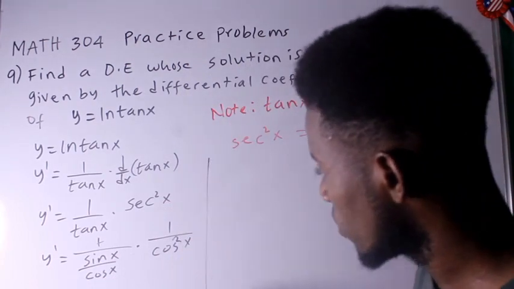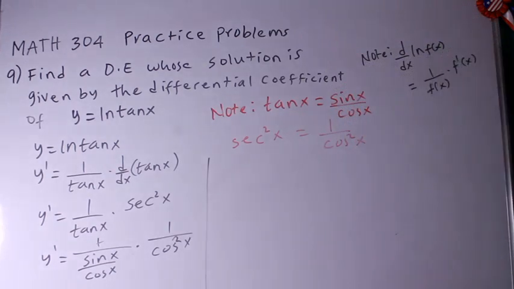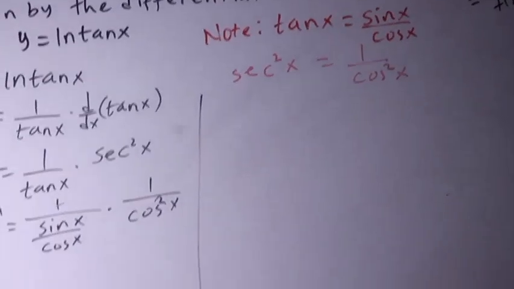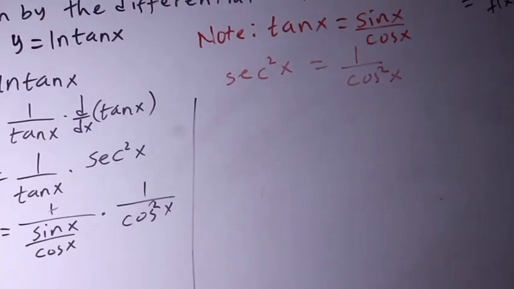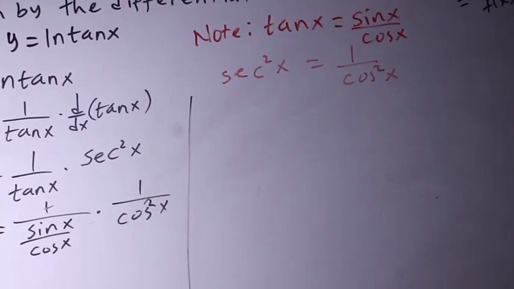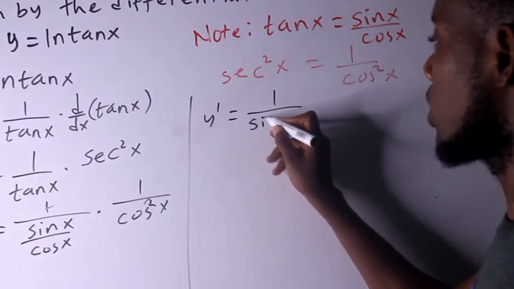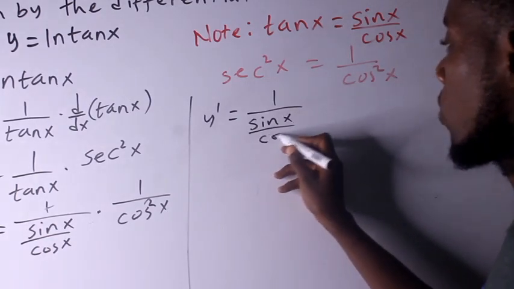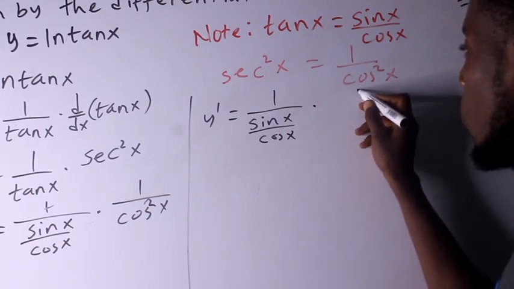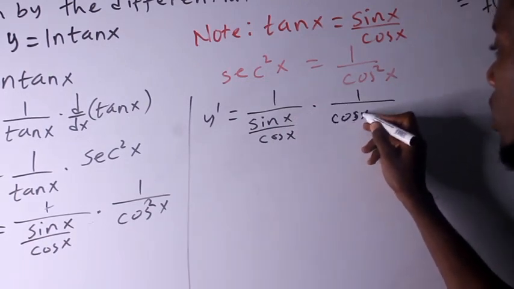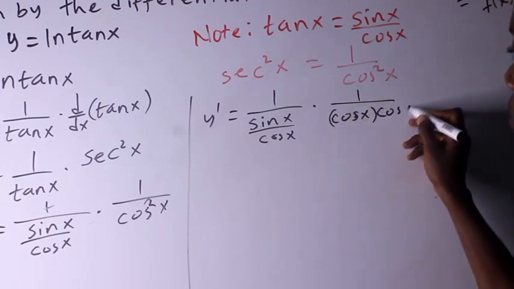Simple as it is. So we move from there, and once we get that, we move on to write something like this. So y prime, I'm just going to rewrite that, is equal to 1 over sine x over cos x times 1 over, now this cos square x is cos x times cos x.